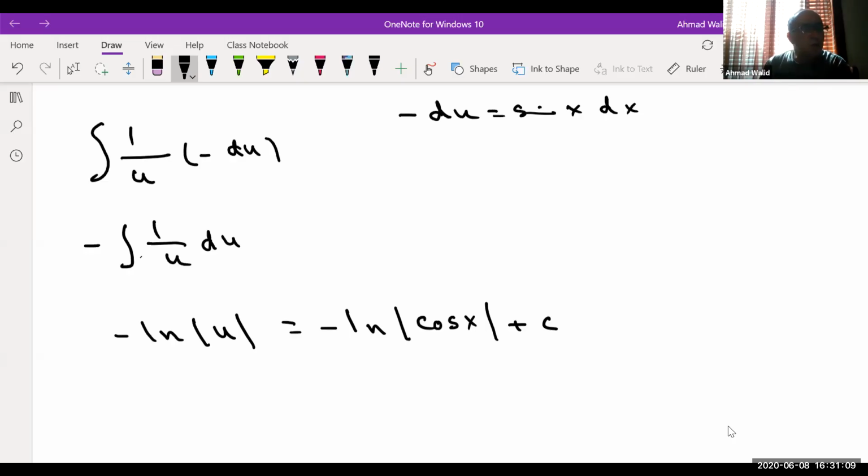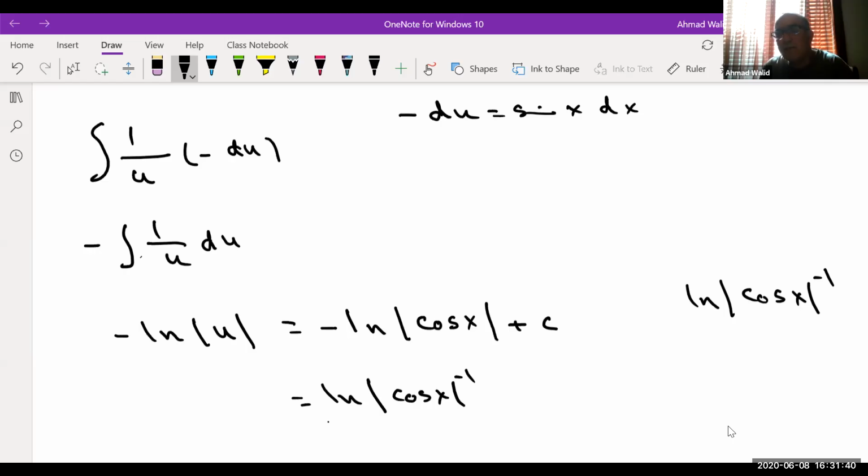Again, we know that negative ln of cosine x actually means ln of the absolute value of cosine x to the power of negative 1. Correct? If I simplify a little bit, here I can write ln of the absolute value of cosine x to the power of negative 1, plus c.